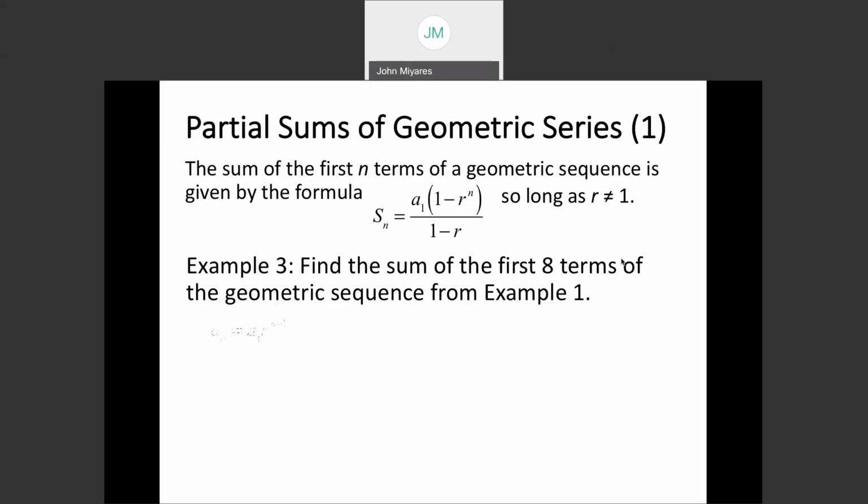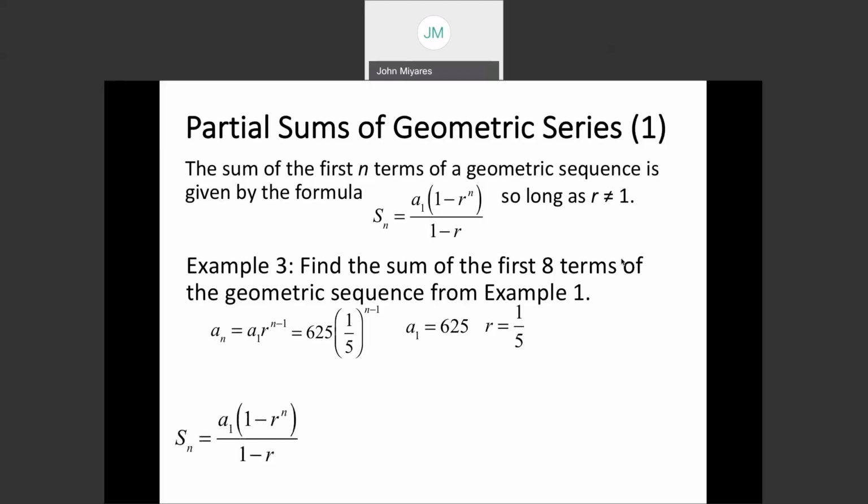For those who don't remember and don't want to rewind the video, the sequence is given as a sub n equals 625 times 1/5 to the n minus 1 power. This means that a sub 1 equals 625 and r equals 1/5.